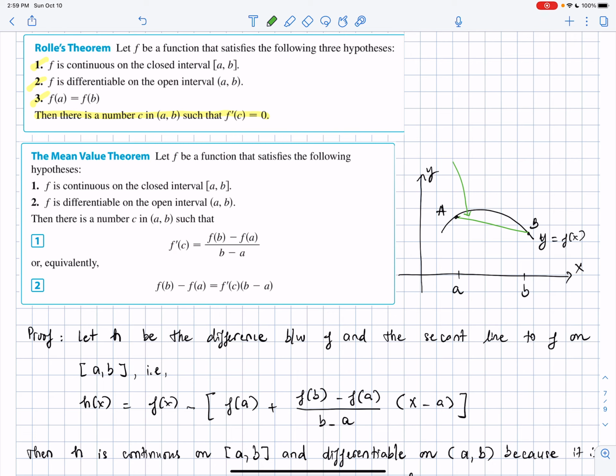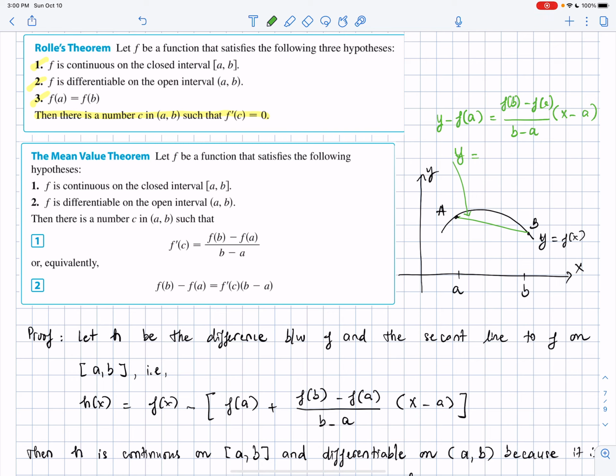To write the equation of this secant line, passing through point A, we have y minus y1, which is f of A, equals slope times x minus x1, which is a. And the slope, now we have two points A and B, so we use algebra. The slope will be f of b minus f of a divided by b minus a.